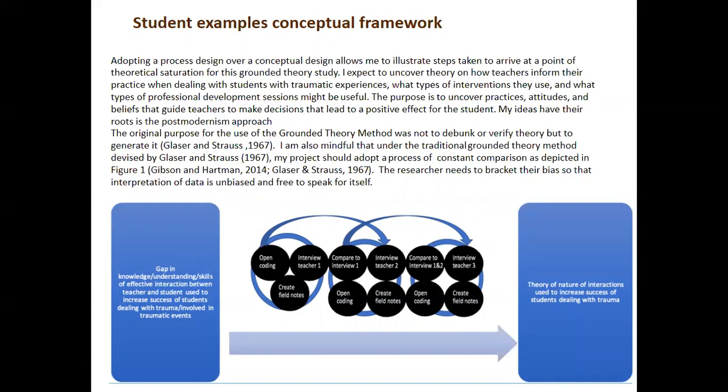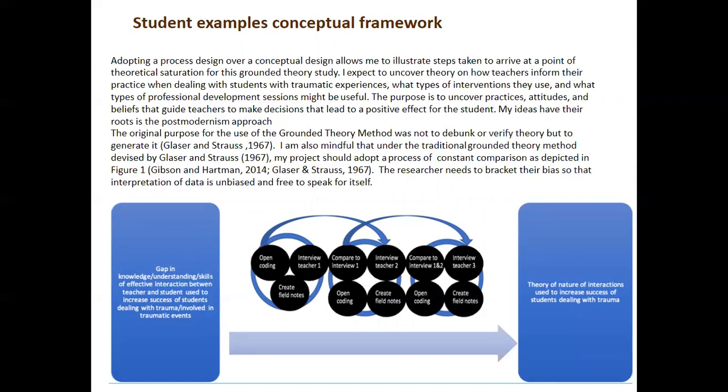The process was the student was going to interview a teacher, create field notes, do some open coding, come up with some themes. Do an interview with a second teacher, again create field notes, conduct open coding, compare what they found with the interview with teacher 2 to the interview with teacher 1 to come up with some of those key ideas.